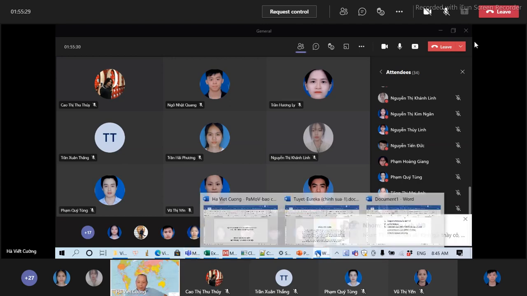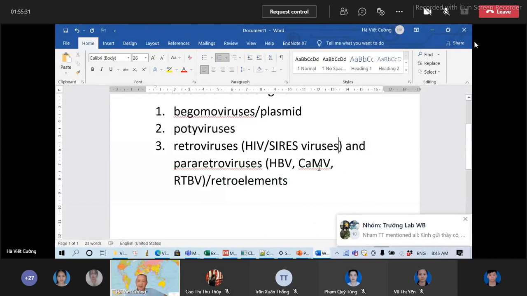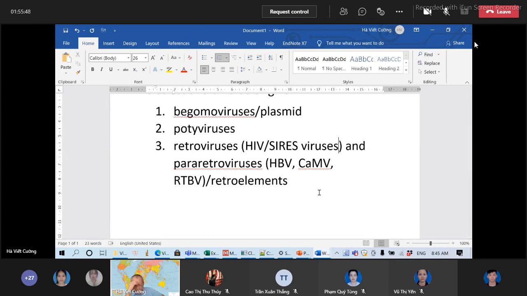And HBV and CAMV, everyone in the class must know the name of this virus, CAMV. Now, have you learned any subject involved in plant biotechnology? Học môn nào liên quan tới công nghệ sinh thực vật chưa?